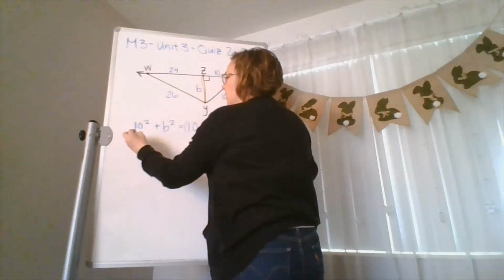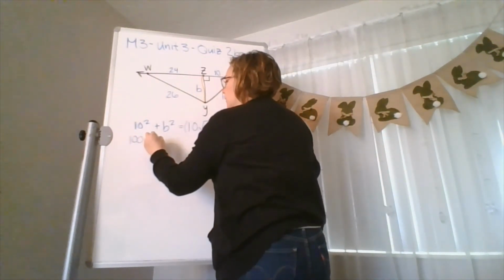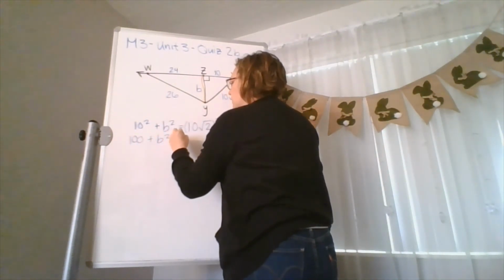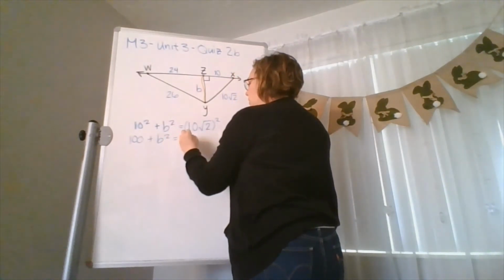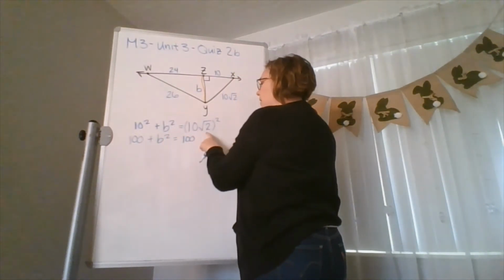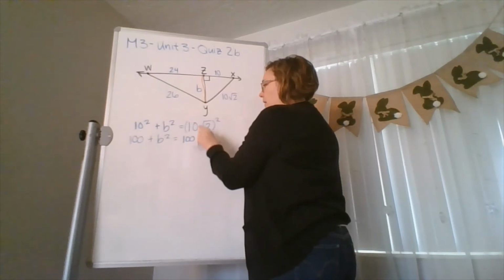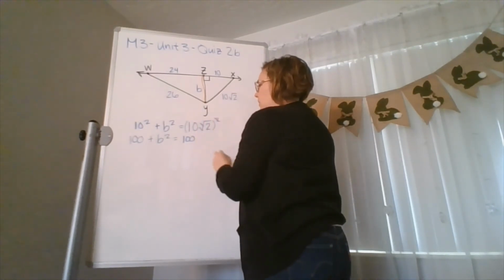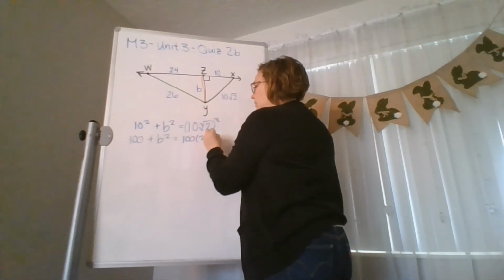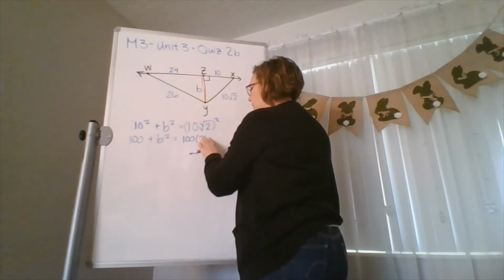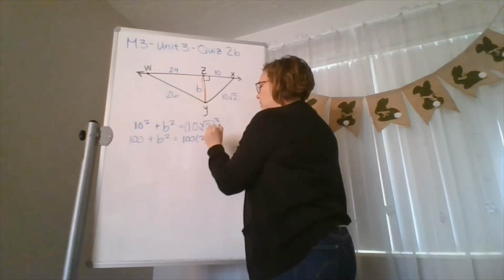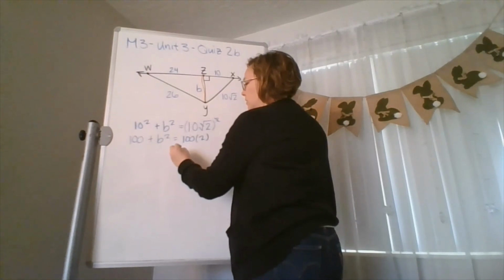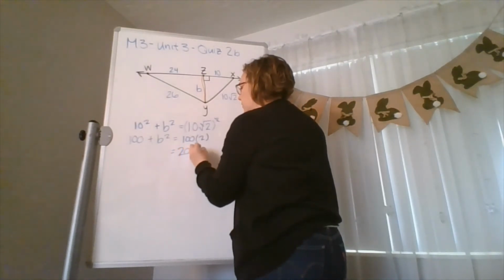So 10 squared is 100. Again, 10 squared is 100. And the square root of 2 squared, that cancels out the square root, and we get 2. Whoops, sorry, I was getting ahead of myself. We get 2, and 2 times 100 is 200.